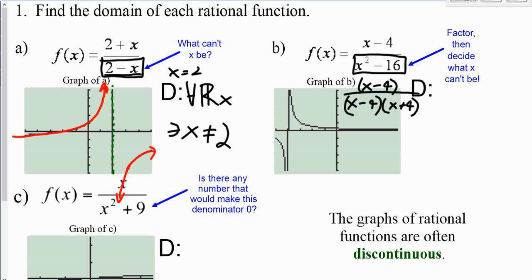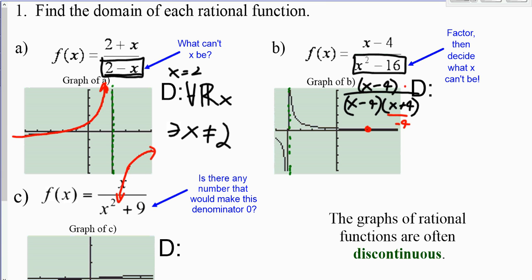So potentially in the graph those will cancel out, and we're not going to have an asymptote here at 4. But what we will have is a hole at 4. And the asymptote, because x plus 4 gives you a negative 4 as a 0 in the denominator, and that's not apparent in the numerator, that does appear as an asymptote in our graph.